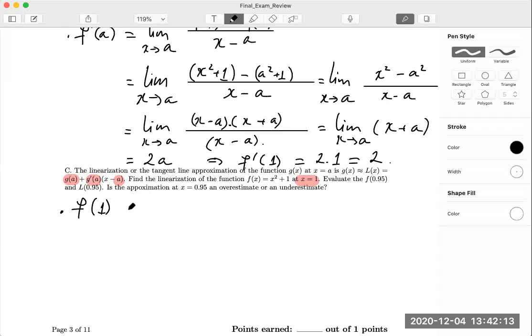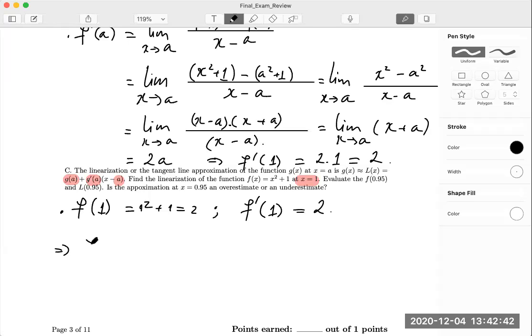What is f at 1? Two. Very good, which is 1 squared plus 1, which is 2. So from the previous part, we know that f prime at 1 is 2, right? We know these two pieces of information.